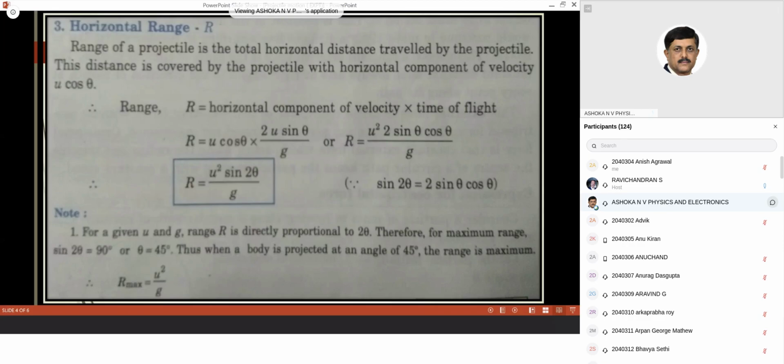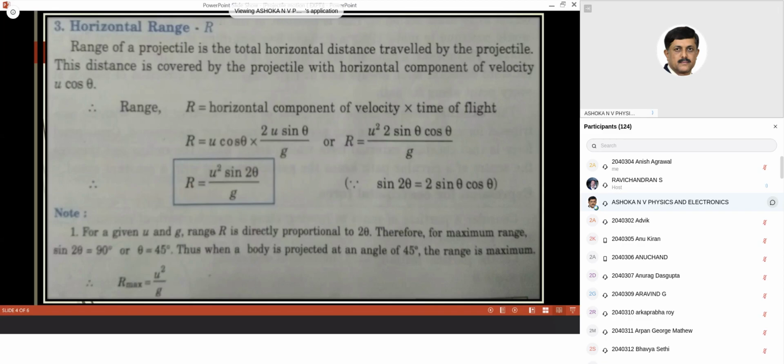What will be the maximum value? How can we think of it based on the mathematical relation? The maximum range covered by the projectile mainly depends on the angle of projection. So the maximum value of R we can get from u square sine 2 theta by g. We know the sine value is maximum for 2 theta equal to 90 degrees.